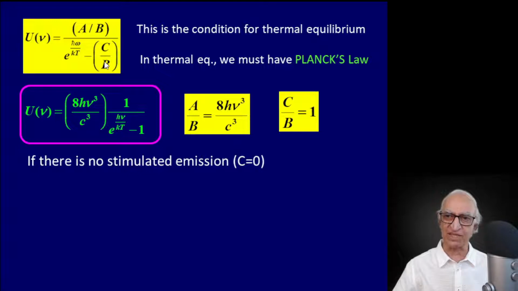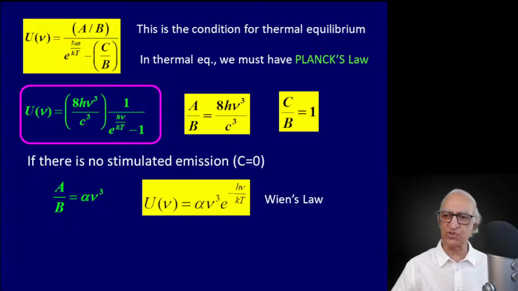Therefore, the second term in the denominator doesn't exist. And A over B is given by 8h nu cubed divided by c cubed, and U of nu is given by 8h nu cubed by c cubed multiplied by e to the power minus h nu over kT, which you will recognize is Wien's law.